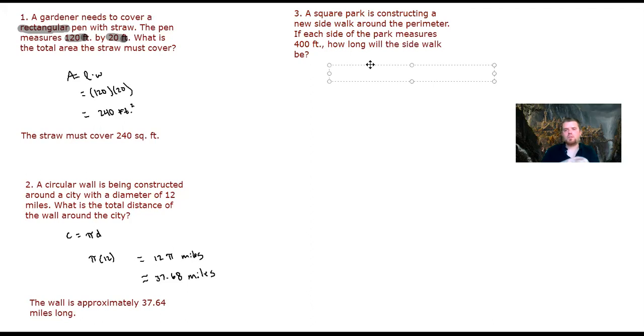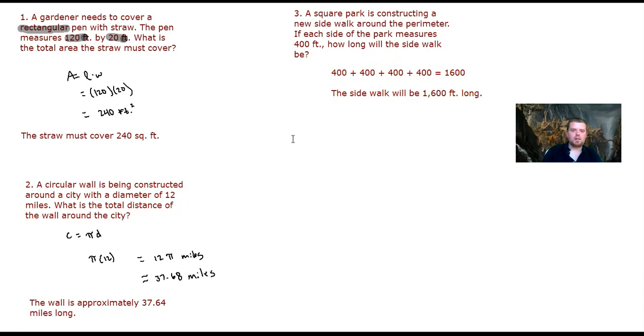Okay, this is perimeter. This is a square park. Remember, with perimeter formulas, you can memorize them or you can look at your formula sheet. Otherwise, you just know that you're adding up all the sides in a square. All the sides are the same. So 400 plus 400 plus 400 plus 400 gives me 1600. So the sidewalk will be 1600 feet. Not a long sentence, but a complete one.